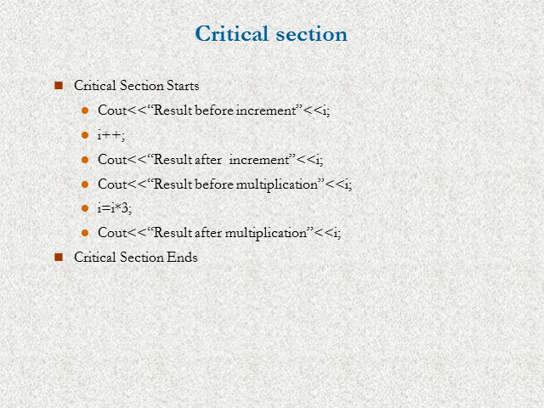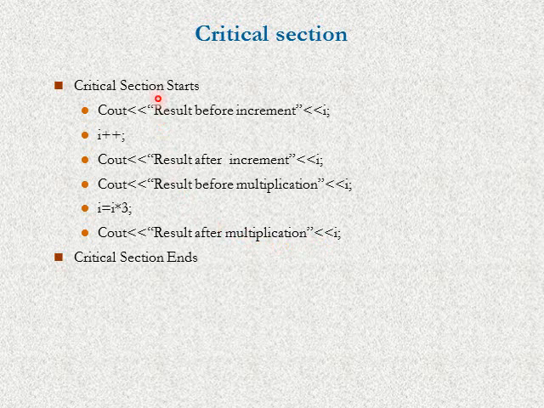As you can see, we have one variable that is being incremented, and before this increment and just after this increment we have its value printed out. And then the very same variable is used in a multiplication operation, and again its value is printed before the multiplication operation, as well as after it.